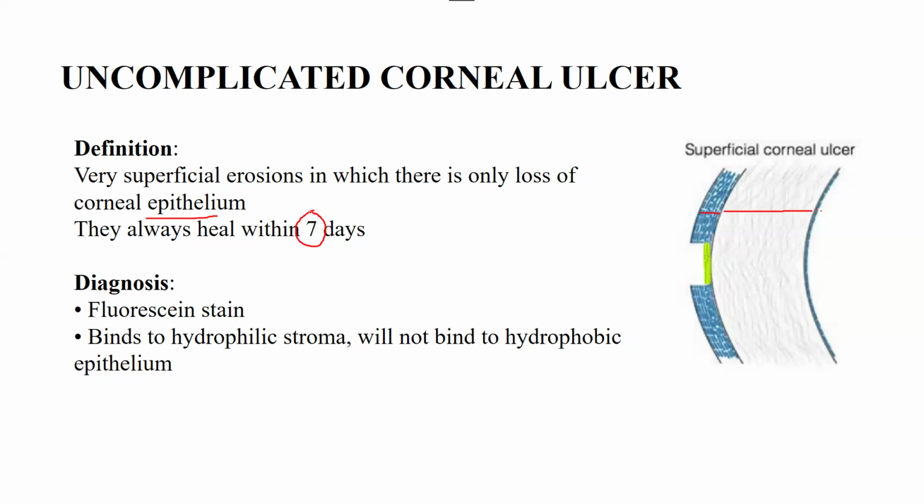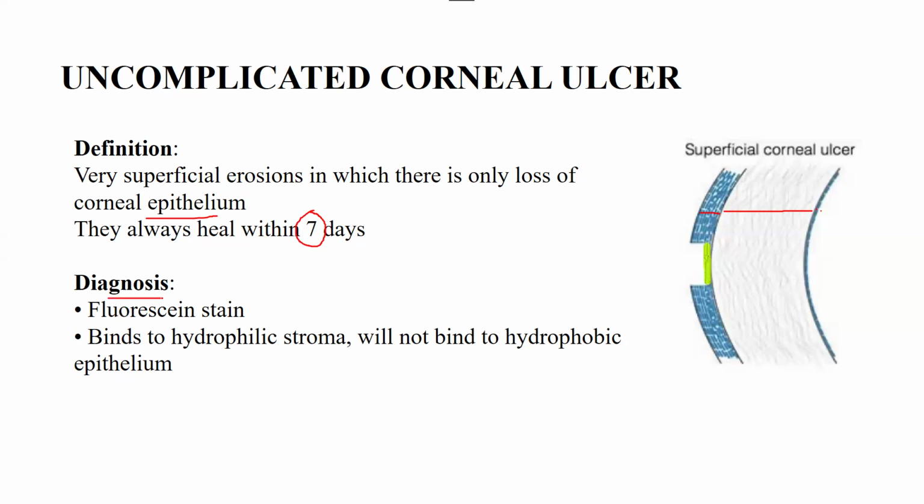If you remember the first lecture in which I gave a glimpse of the anatomy of the eye, there I told you that the corneal epithelium has a healing time, or a turnover rate, of 7 days. If it gets damaged, it automatically heals in 7 days. So that loss of the superficial epithelium is called an uncomplicated ulcer.